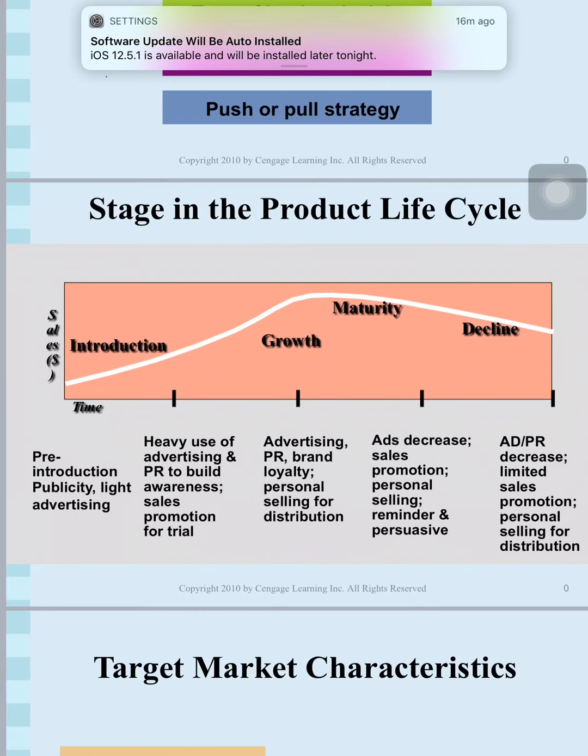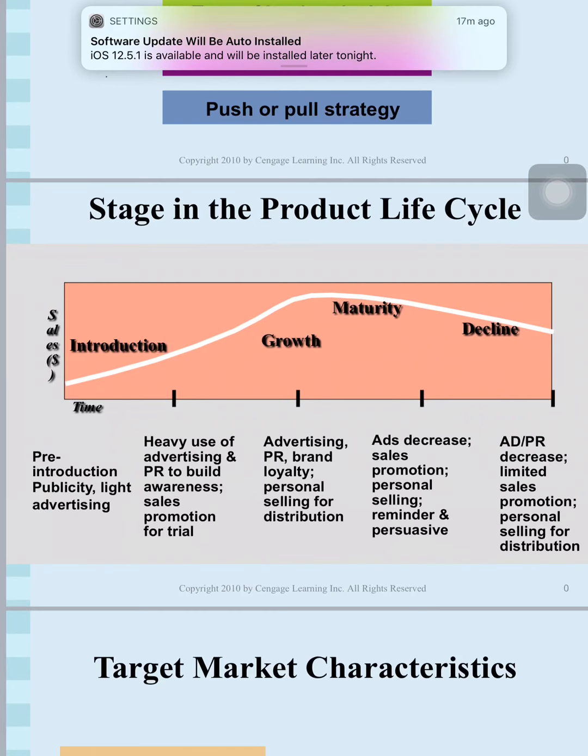Okay, and then in the maturity stage, of course, advertising will decrease, and they go for sales promotion because they want repeat purchases of the product. So they go for sales promotions, giving coupons, membership, extra points, discounts, and so on. So that is the maturity stage.